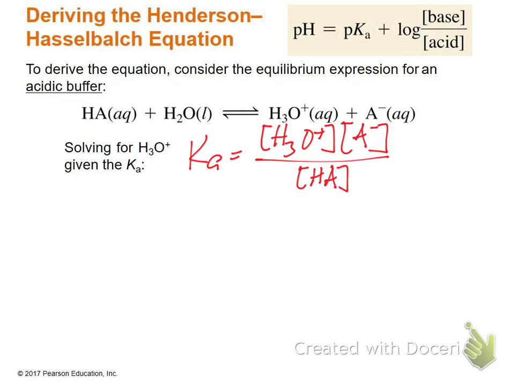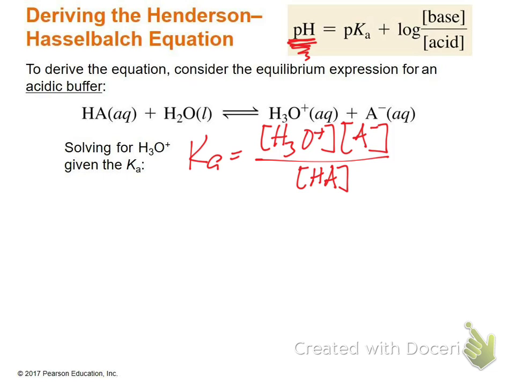All right, so in order to get the pH equation, we need to isolate the concentration of the hydronium ion, because we know that pH is equivalent to the negative log of the hydronium concentration. So it's dependent upon the concentration of hydronium.